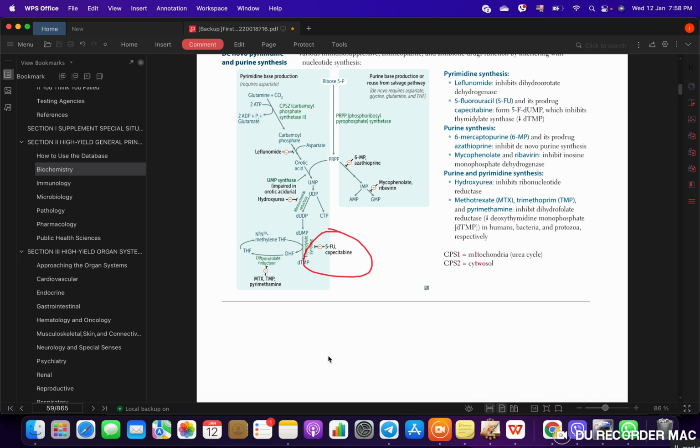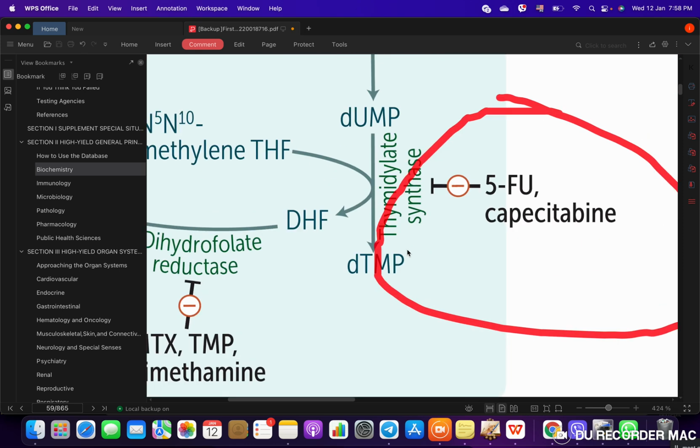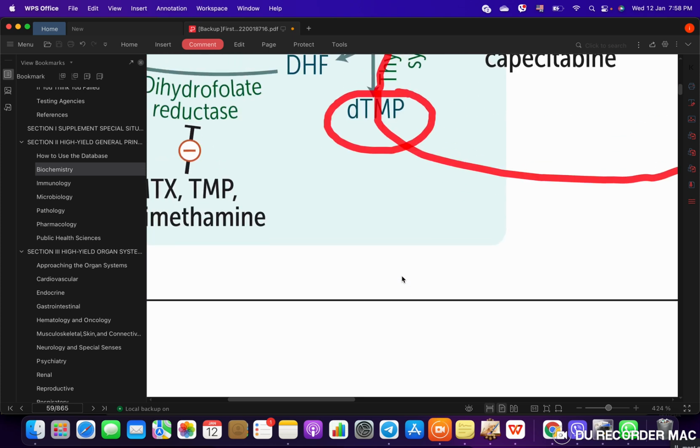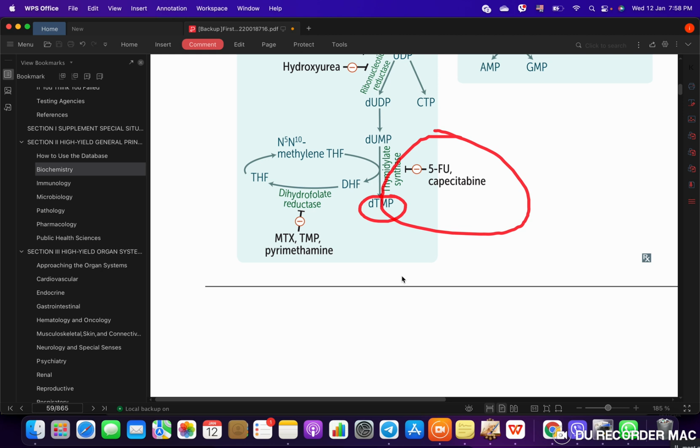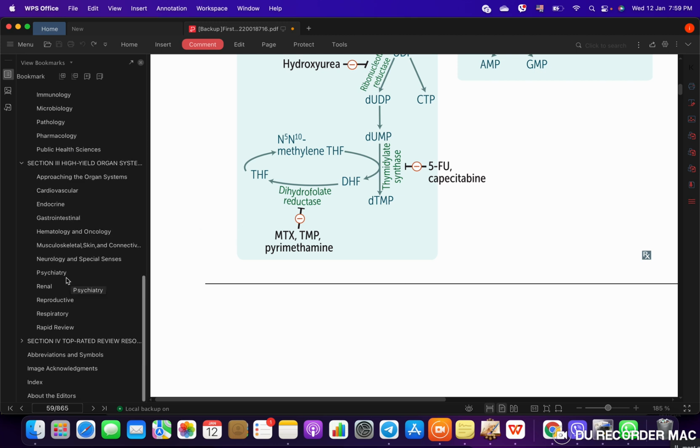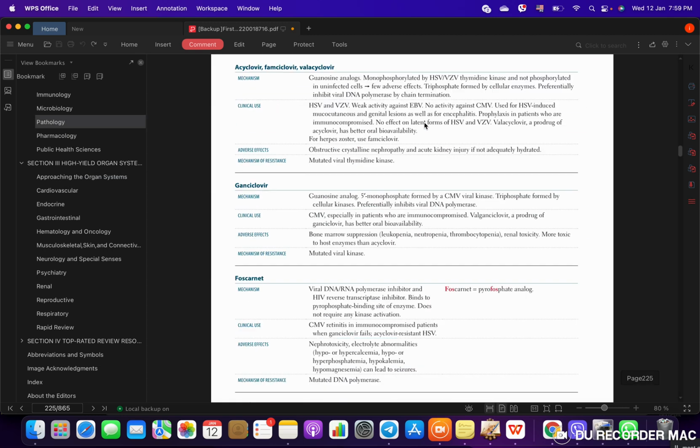When 5-fluorouracil functions here, it leads to creation of less thymidine. If you have less thymidine, you will have less DNA. If you have less DNA, the fungal cell is going to die.